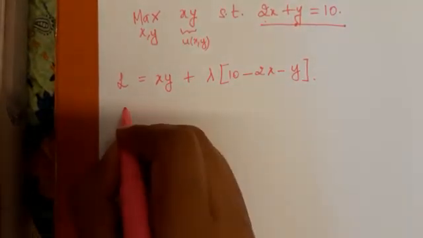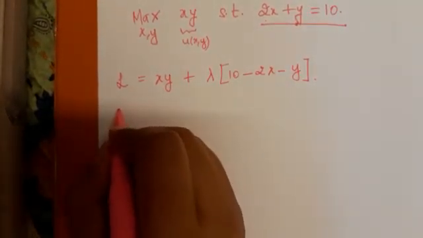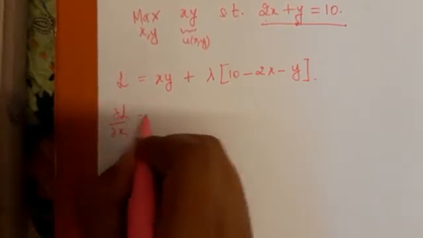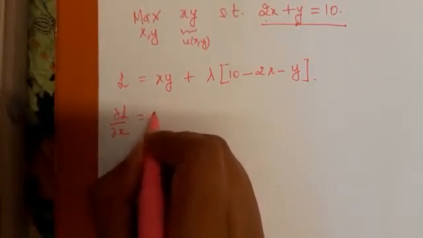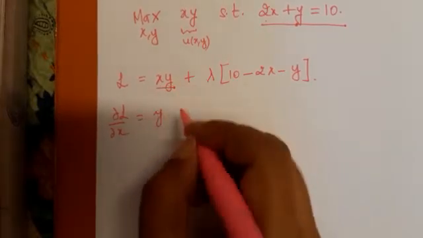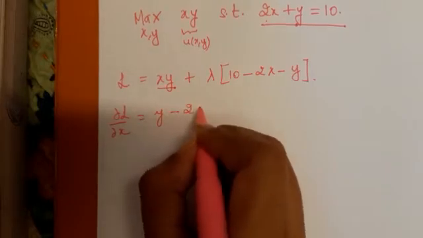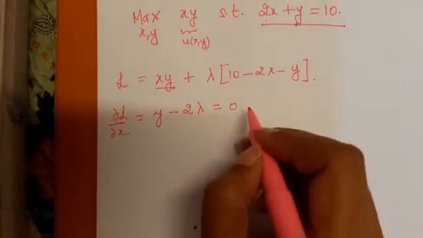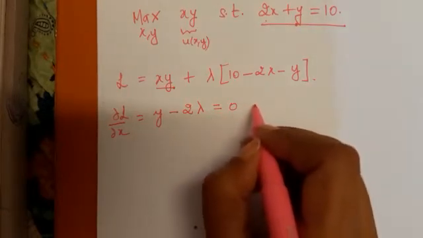Okay, and if I look at the first order conditions, partial L by partial x is going to be equal to y. So here if I take the derivative with respect to x, that's y, minus 2 times lambda is equal to 0. We put the first order partials equal to 0.